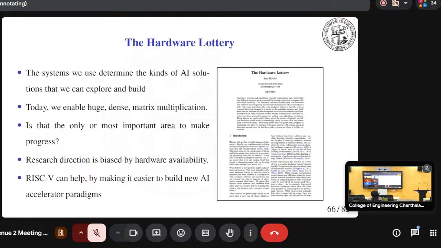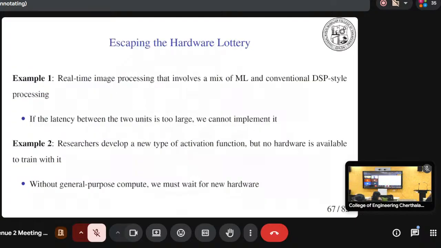With RISC-V, we can customize the instruction set architecture, and if we customize it to suit a machine learning or deep learning application, we can very well deploy RISC-V for these particular AI applications.